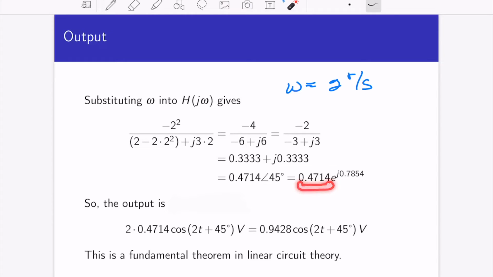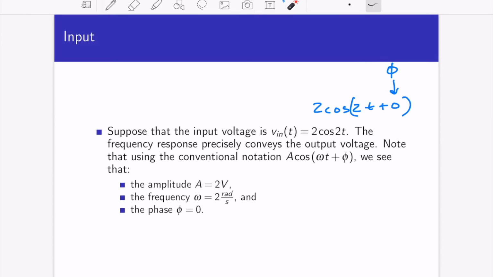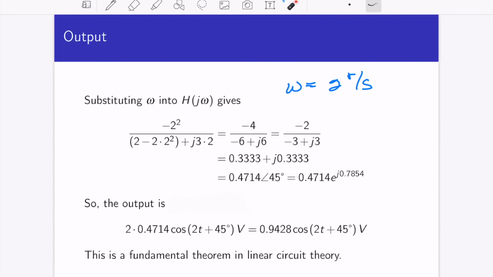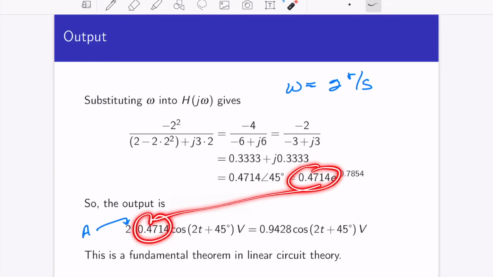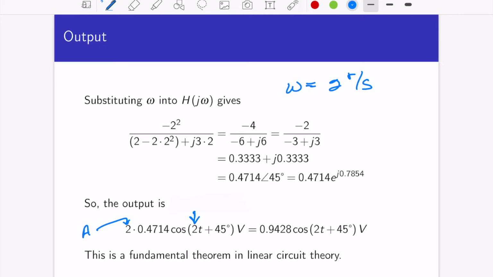So we take 2, right? We had an amplitude of 2. Let me go ahead and make a note of that for you. This is your amplitude. So you had 2 times this value here. We had a cosine, so we still have a cosine. This value here was our omega, so we put omega, 2t.